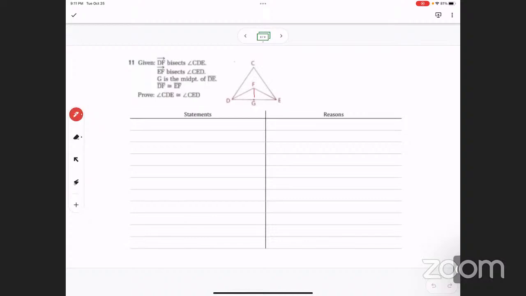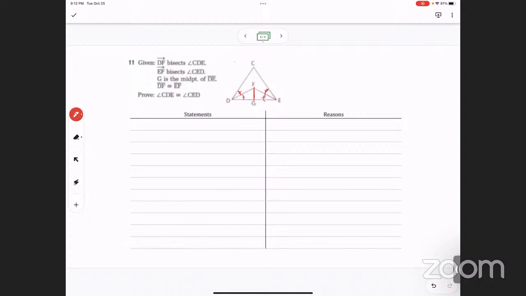Good, I like that. DF bisects. And EF. So can't I also say this? Definition of bisects, right? And we don't know that this is the same, so don't write one. Maybe do a double tick mark for that one.